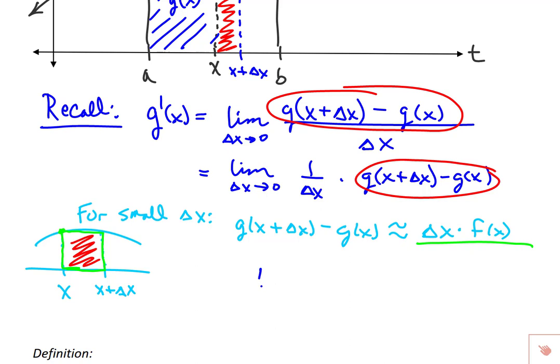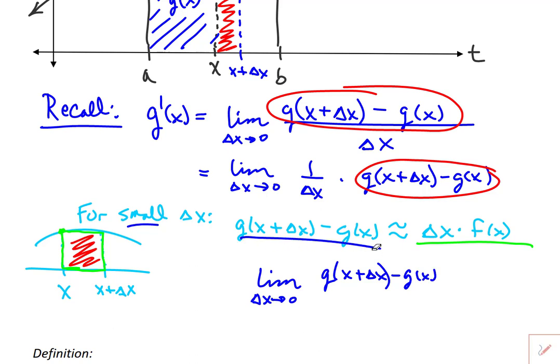We'll be able to say that the limit as delta x approaches zero, so that's talking about really, really small delta x values. Okay, the limit as g of x plus delta x minus g of x, which by the way is the left side of this previous step approximate equation here. But now if I divide both sides by the delta x on the right side of this approximate equation, then I would have a delta x underneath that difference of g of x plus delta x minus g of x.